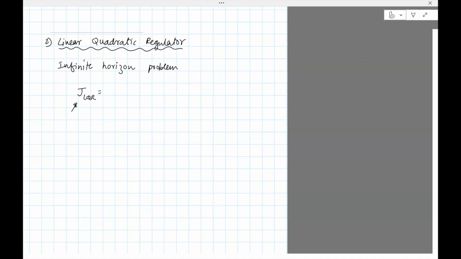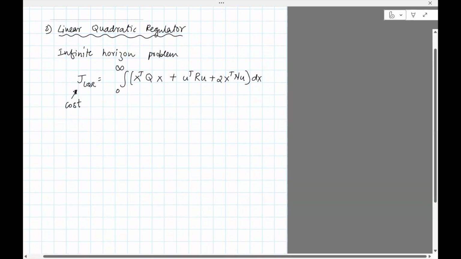It's defined as the integral from 0 to infinity of x transpose Qx plus u transpose Ru plus 2x transpose Nu dt. Okay.